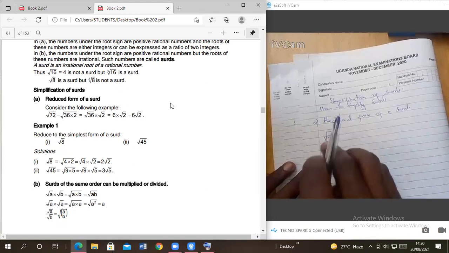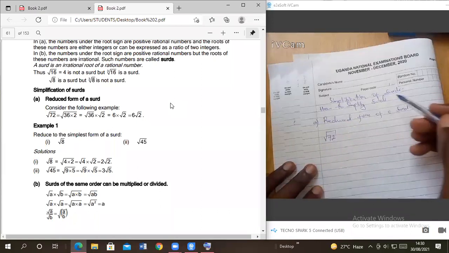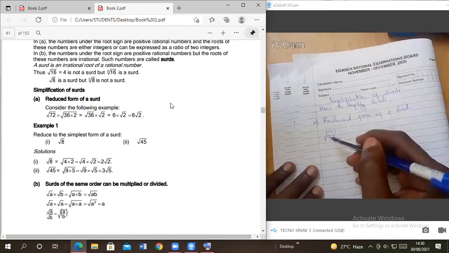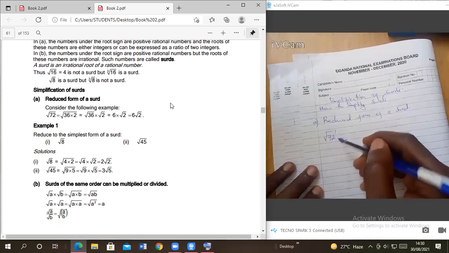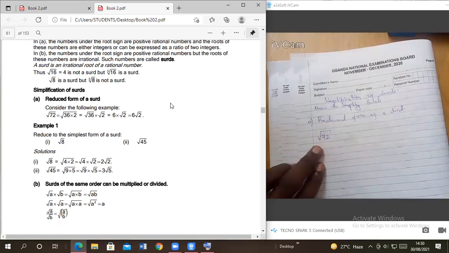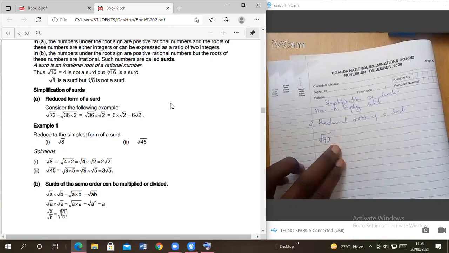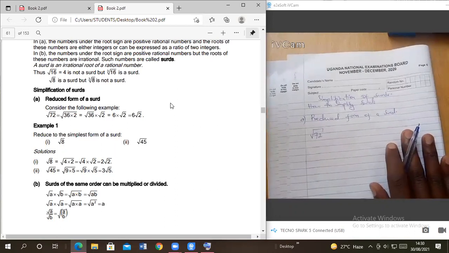Now, when you want to simplify or reduce this number to its simplest form, we think of two numbers that if you multiply them, must give you 72. But one of the numbers must have a square root. Which number should we multiply?